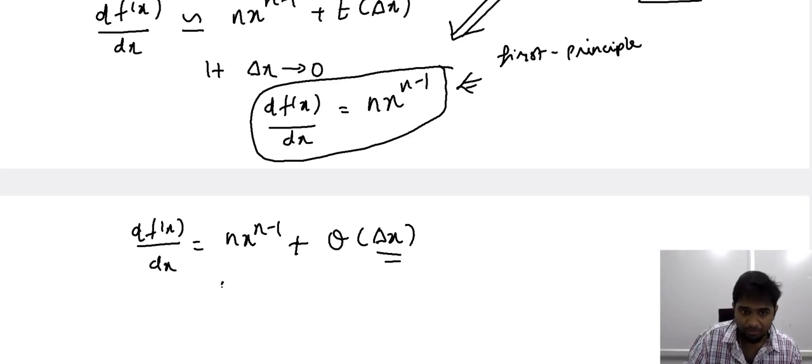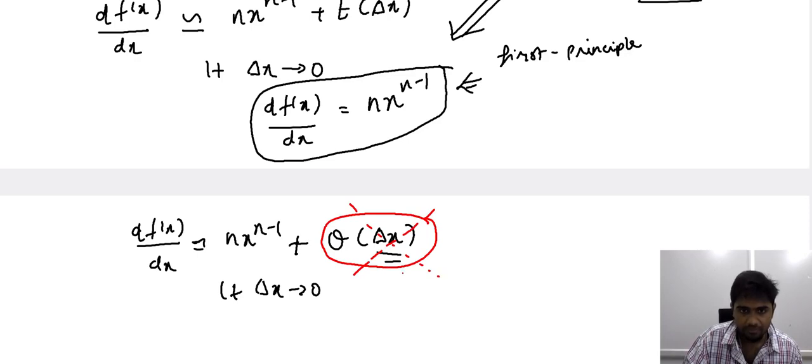And now when you impose this limit, delta x tends to 0, the significance of this term here vanishes off, ultimately leading us to an expression that is close to the known answer to our function, the derivative of our function.